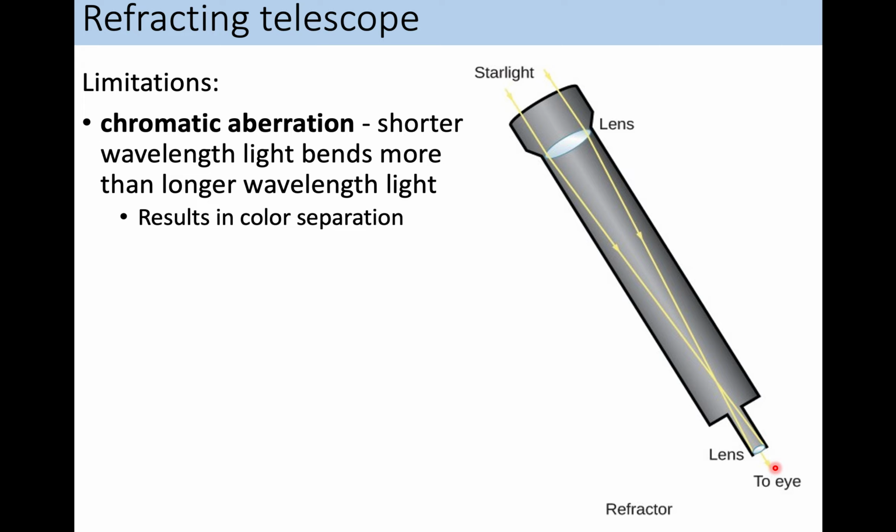We call it chromatic aberration. This is the fact that when we bend the light that hits this lens, shorter wavelengths bend more than longer wavelengths. So this results in a separation of the wavelengths, or a separation of the colors.